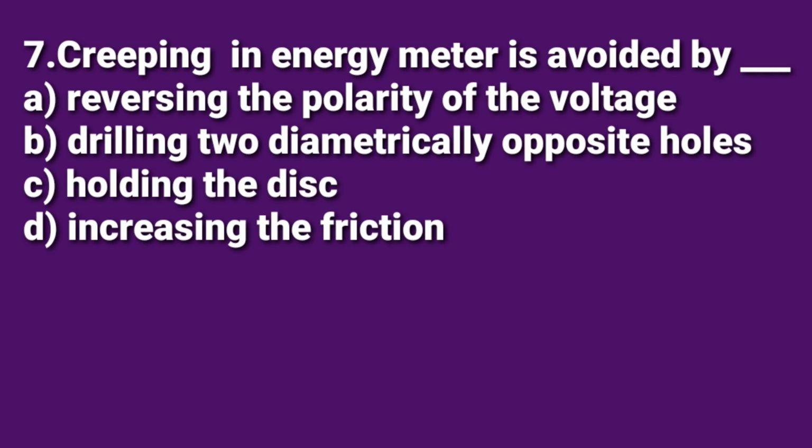By drilling two diametrically opposite holes in the disc, near the edge of the pole of the shunt magnet, rotation of the disc is limited to a minimum value. Hence, creeping is avoided by drilling two diametrically opposite holes. That is, the answer is B.